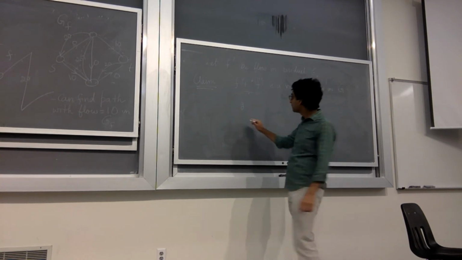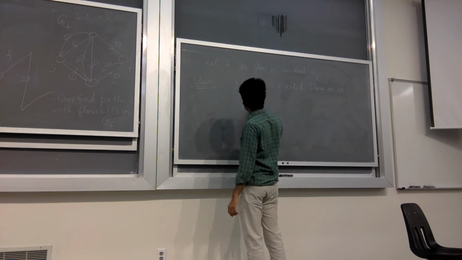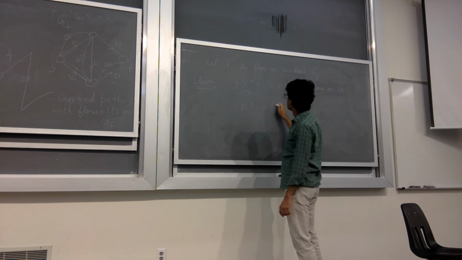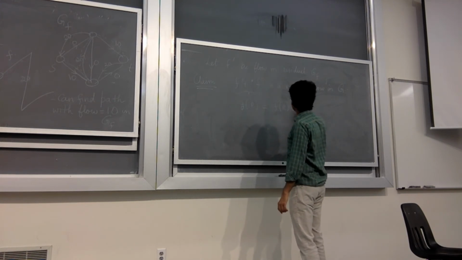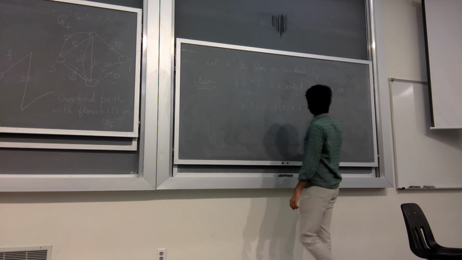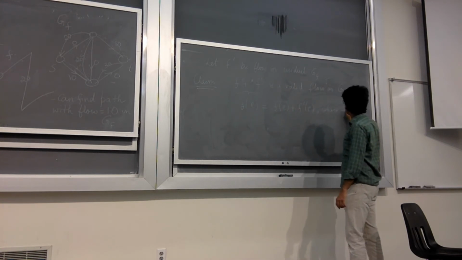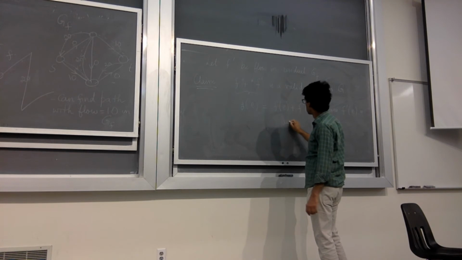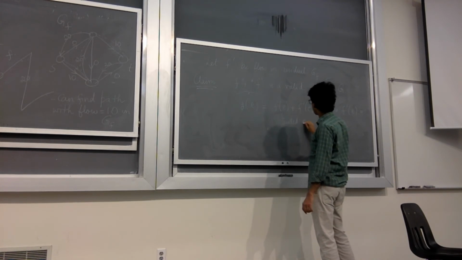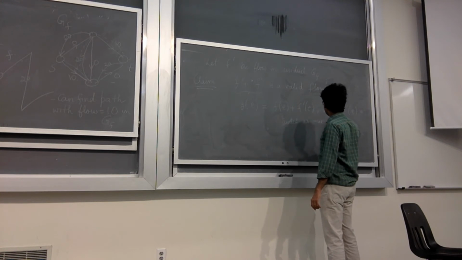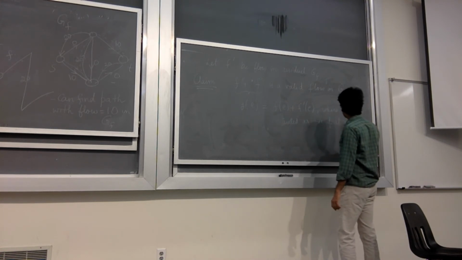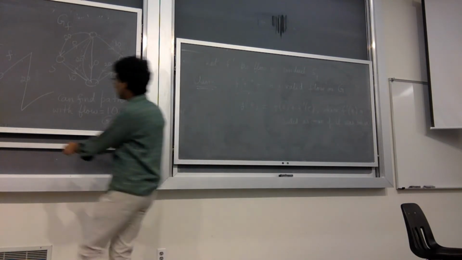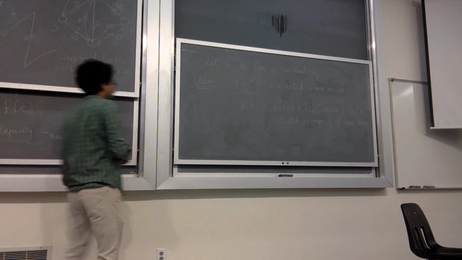So this is a new flow for which the flow value on this edge e is defined to be f of e plus f prime of e, where f prime of e is treated as negative if it was on a backward edge.